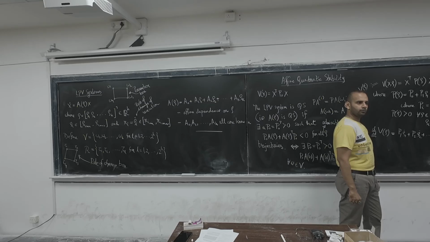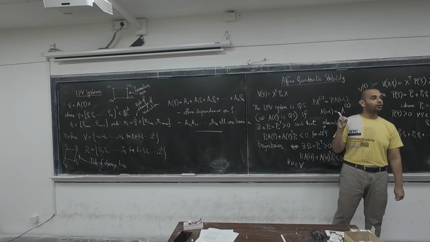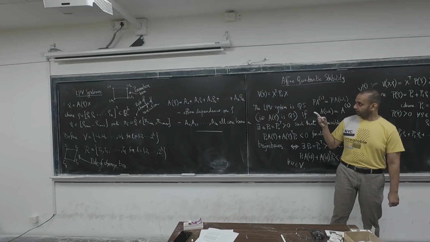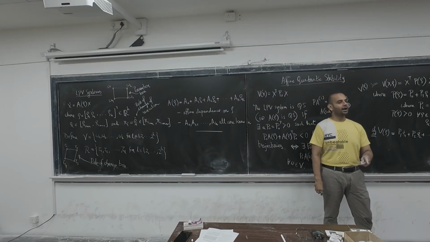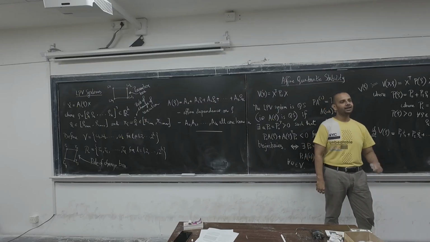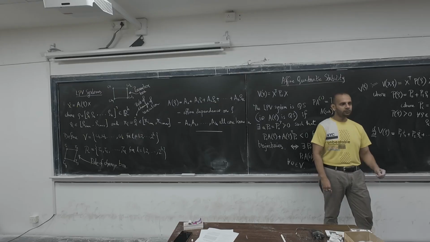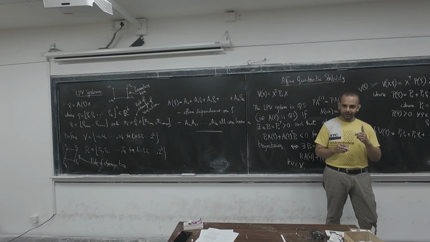But P is dependent on rho. That is what I wrote, a of rho, which you can split as a0 plus a1 rho 1 up to ak rho k. Similarly here, I have used P of rho, which depends affinely upon the parameter rho.